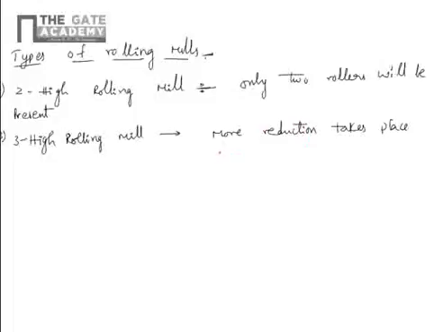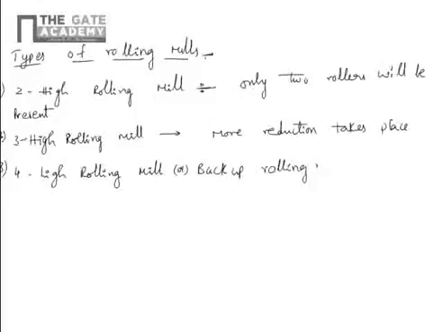Next one is the four high rolling mill, or backup rolling mill, where backup rollers will be there. As we have discussed, the roller separating force can be reduced by reducing the roller diameter.